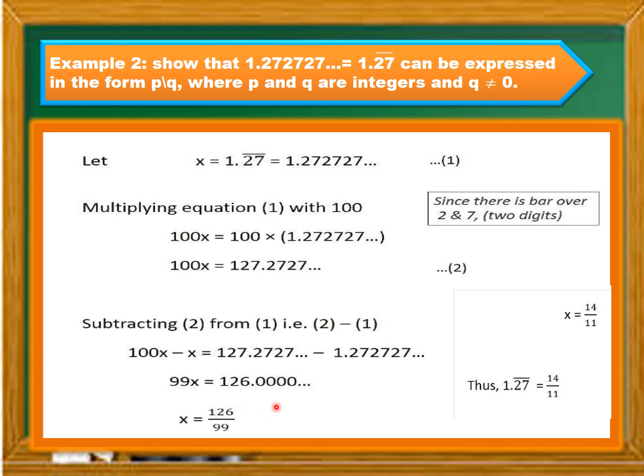When 99 is brought to this side, as it is multiplied here, it will come as divided by 99. So x is equal to 126 by 99, and it can be simplified: dividing by 9, you get 14 by 11. Thus 1.27 bar is equal to 14 by 11. So 1.27 bar has been expressed as a rational number, 14 by 11. Thus we got the answer.